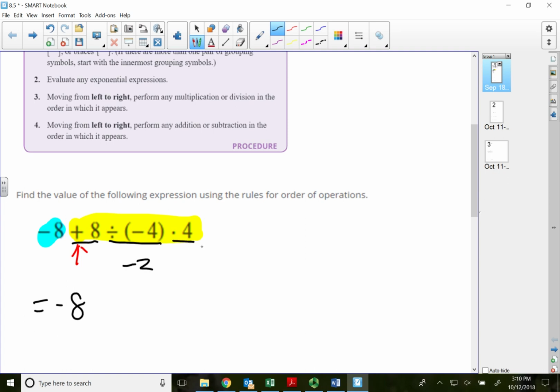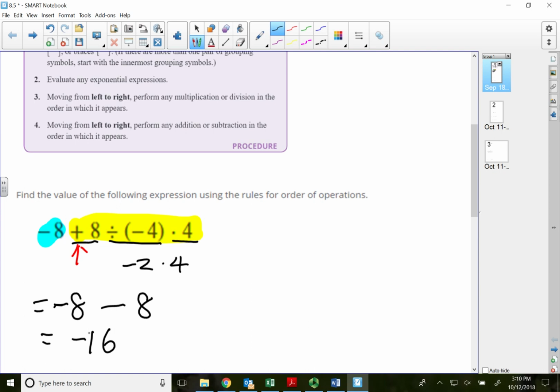And -2 times the 4 will tell me my second term is -8. So my first term is -8. My second term now is also -8. So these two terms have the same sign, so we will add, which is 16. Since both terms are negative, my answer will be -16.